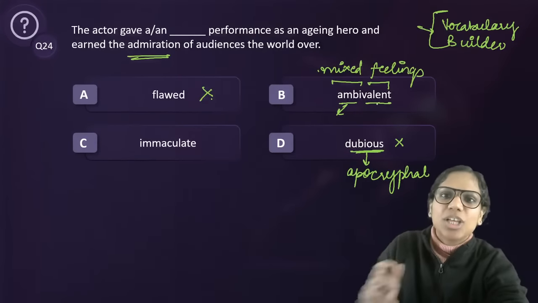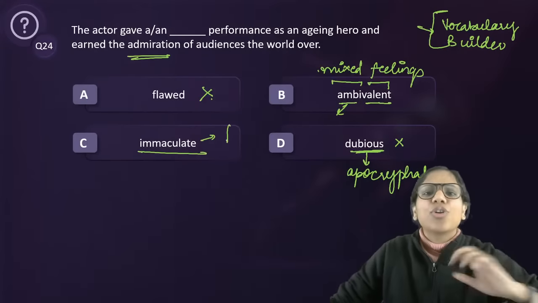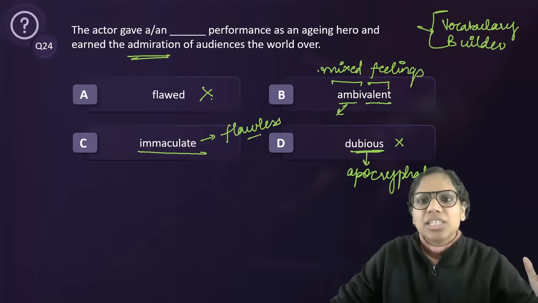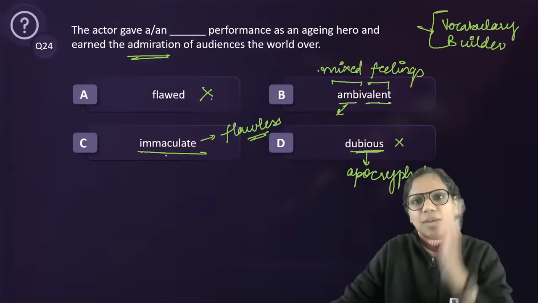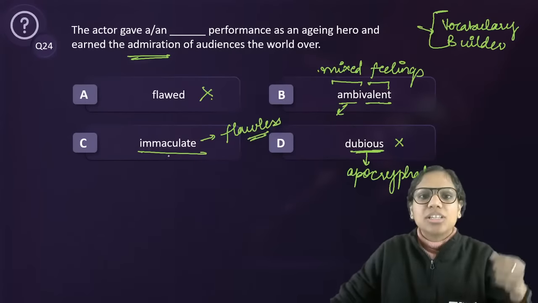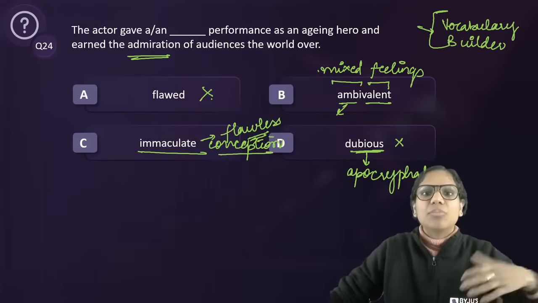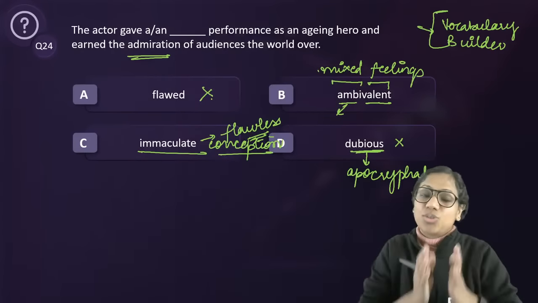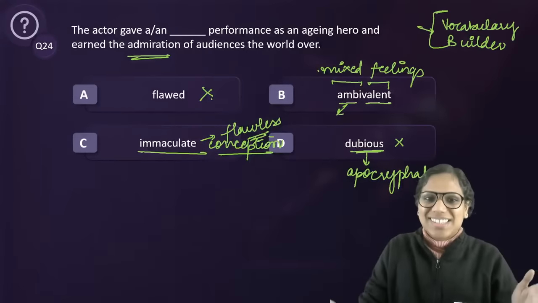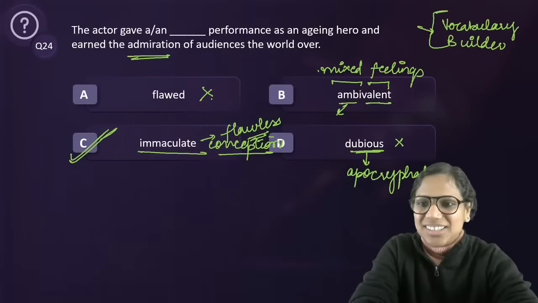Valency is associated with our feelings. Immaculate is the answer here. It means flawless. It is said that Mary's conception of Jesus is called immaculate conception, because it is said that it did not involve any sex. So it's thought of as pure and flawless. So C is the answer here.